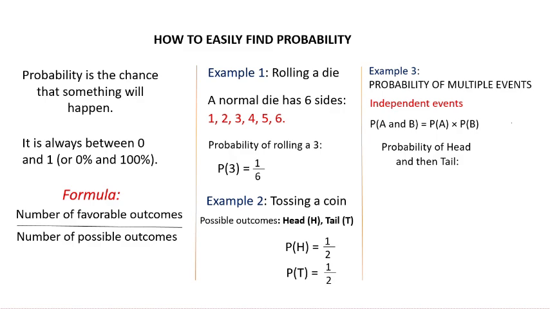Now we know that the probability of a head in tossing a coin is 1 over 2, and the probability of getting a tail is still 1 over 2. So you are going to have 1 over 2 times 1 over 2. 1 times 1 is 1, and then 2 times 2 is 4. So the probability of a head and then a tail is 1 over 4. This is what is called the probability of independent events, which is also a probability of multiple events.